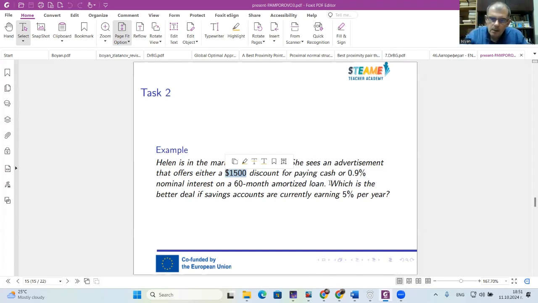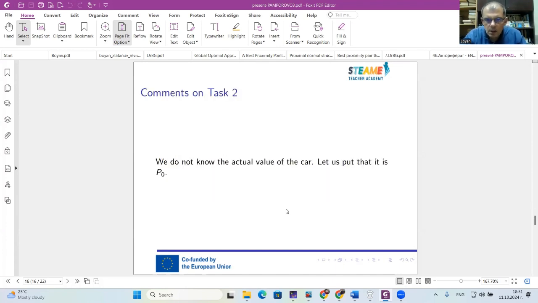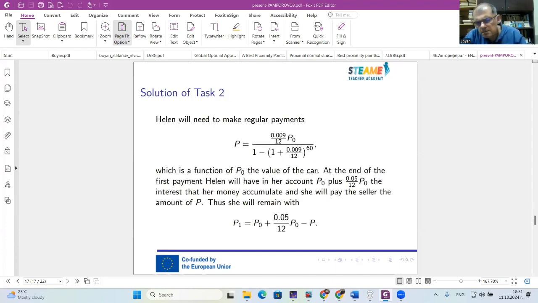If the one who wants to buy the car knows that he can earn 5% per year, compounded monthly, then making several calculations, what will be the payment if a loan is issued.